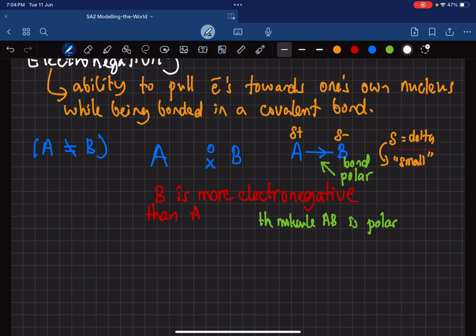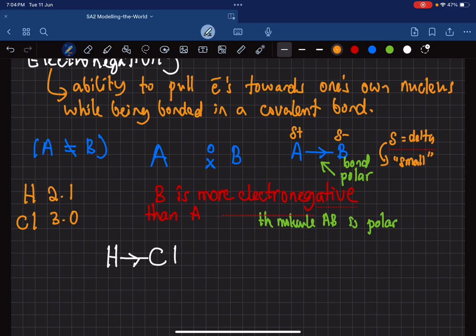For example, let's say HCl. In HCl, H is less electronegative than chlorine. There is a table that you can check out. In this table, hydrogen has an electronegativity of 2.1 and chlorine has an electronegativity of 3.0. You don't have to memorize this table.